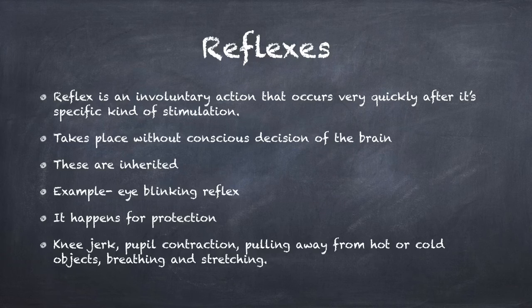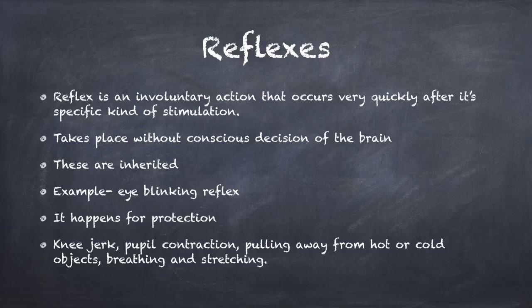Most reflex actions are carried out by the spinal cord and do not involve the brain. So you have to remember that reflex actions are carried out by the spinal cord and do not involve the brain.